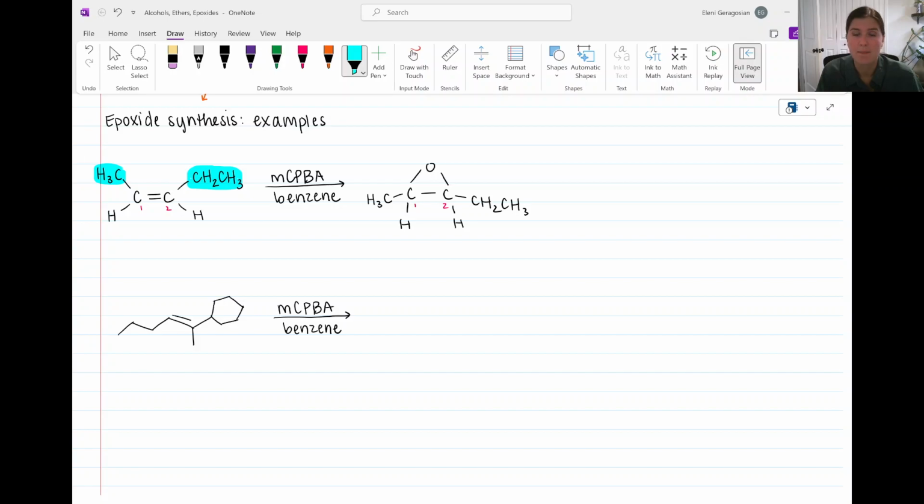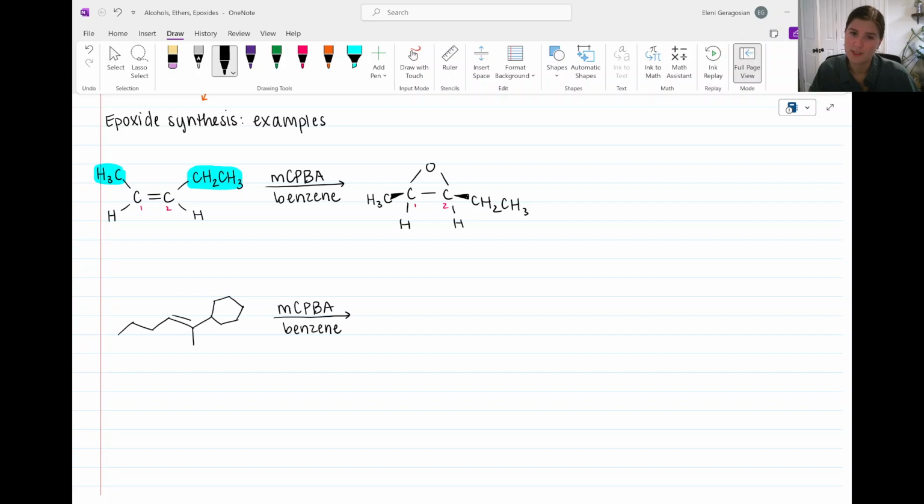So that means that methyl and ethyl in the product should be on the same type of bond, either a wedge or a dash. In this first structure, I'll just choose to put them on wedges. If you want to put them on dashes, that's fine. We're going to draw both products.